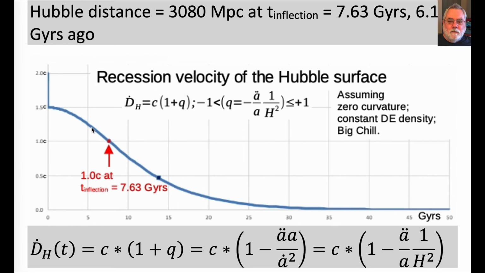Galaxies that were receding from us slightly faster than the speed of light would be overtaken by the Hubble surface receding faster than the speed of light. The galaxy would subsequently be receding from us slower than the speed of light. The galaxy would enter the Hubble sphere from beyond.